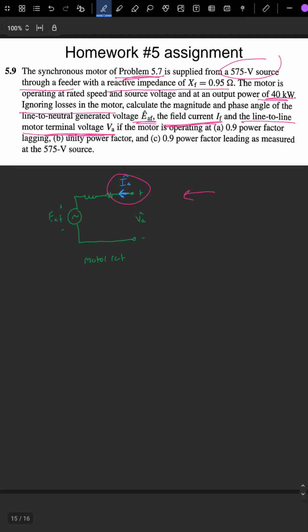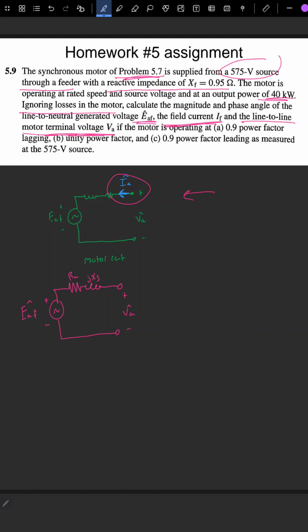So basically, we'll draw the equivalent circuit. It is going to be the same exact thing as how we start. We have our VA, we have our EAF, we have our RA, we have our JXS.